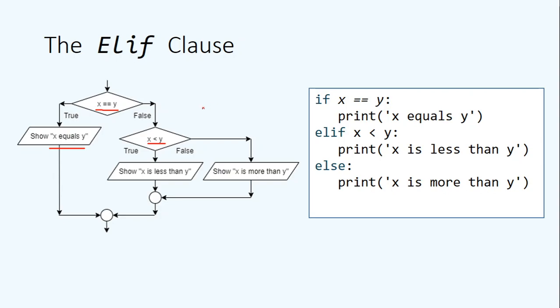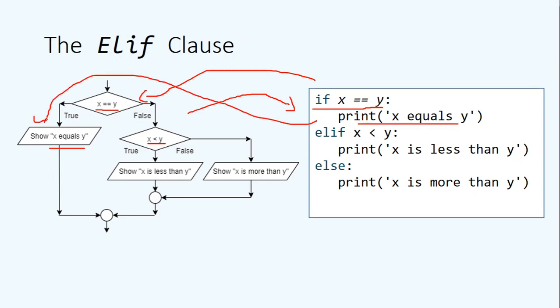Now you can see the corresponding Python code when you use the else if clause is very different from the nested if statement that you saw before. In this case, it looks much cleaner. The if x equals y, which corresponds to this diamond shape, then you will print x equals y, and this corresponds to this statement over here. And else if x is less than y, this corresponds to this condition over here.